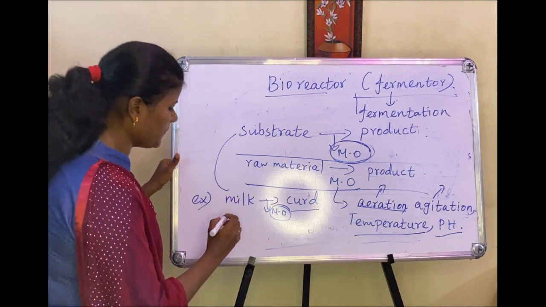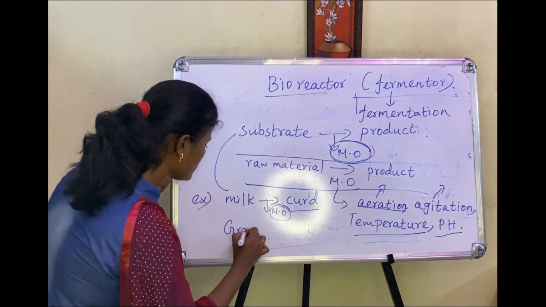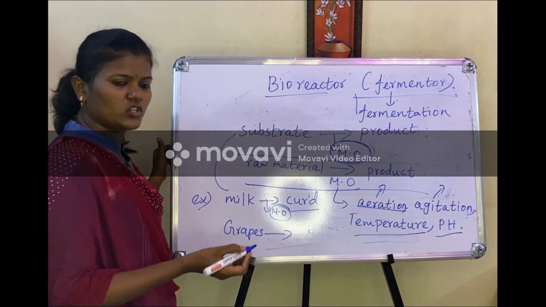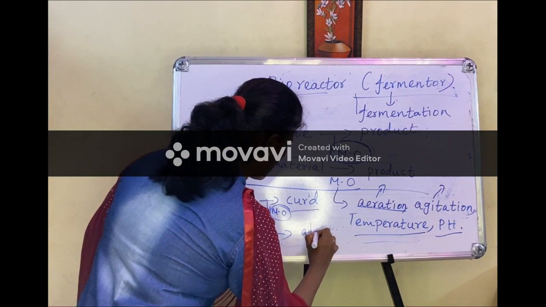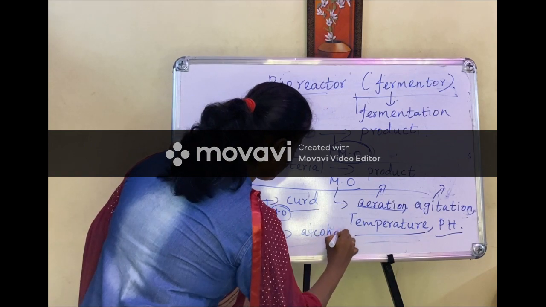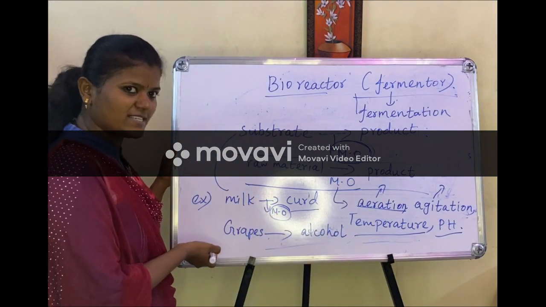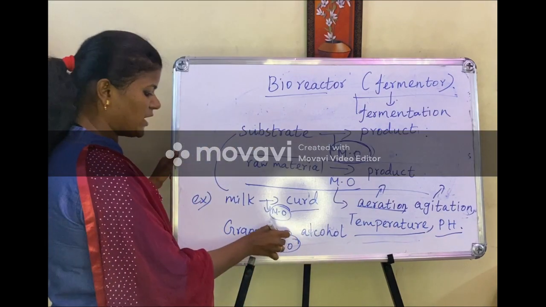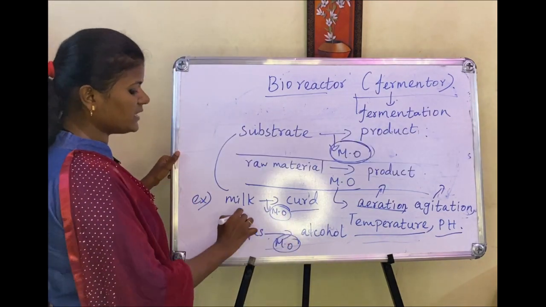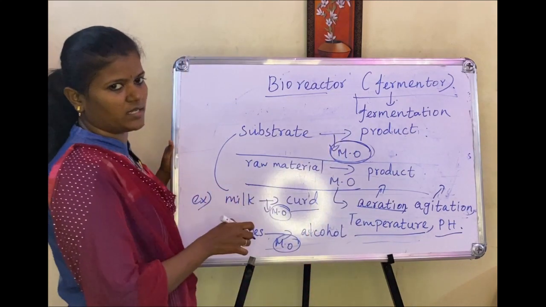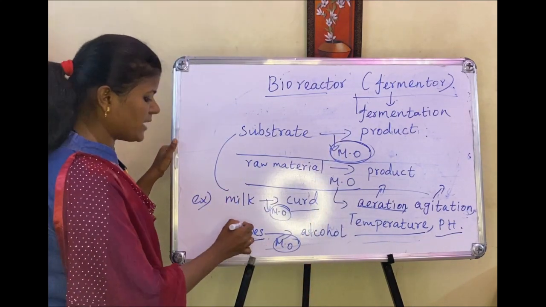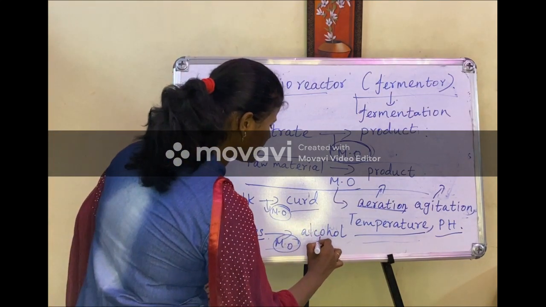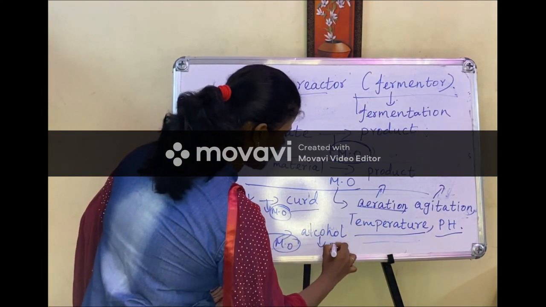One more example. Grape juice is converted into alcohol. This process needs microorganisms. The microorganism converts the grape juice into alcohol. Grapes are the substrate here. Alcohol is the required product.